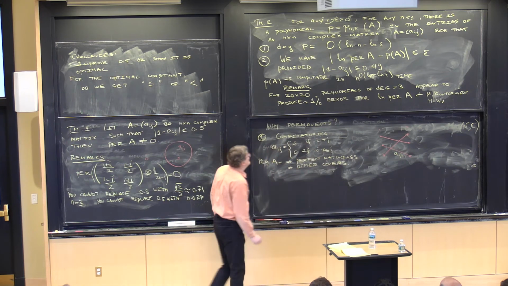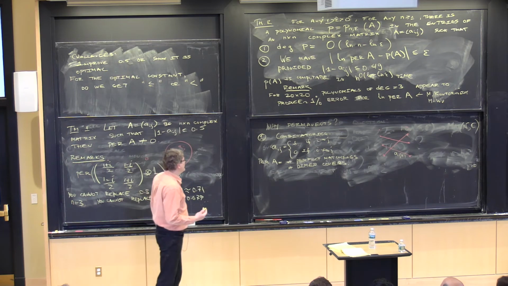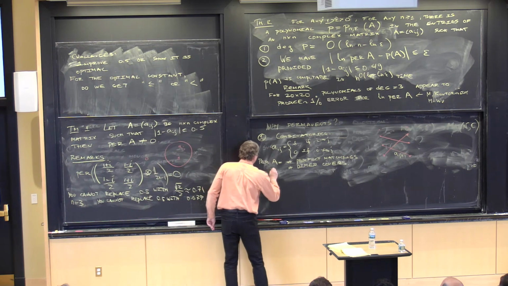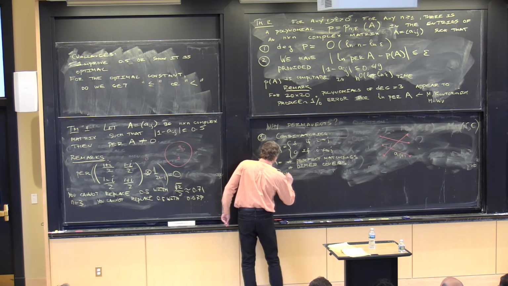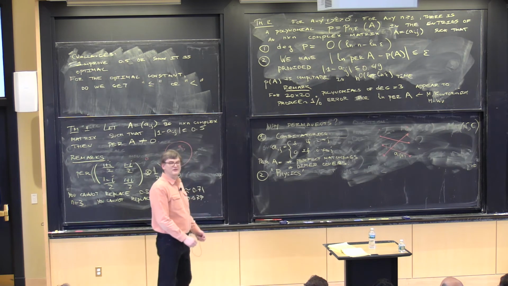Right. But then there are some integrals that arise in physics that are expressed as permanents. So I'll put physics in quote unquote, because I don't know much about it.